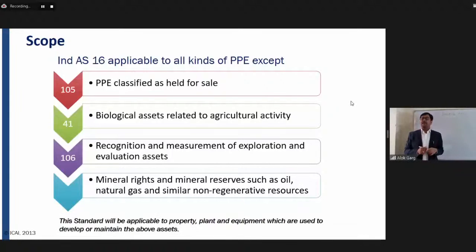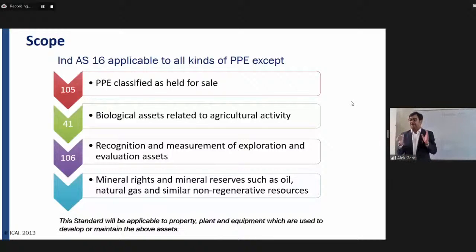But for example, in case of a mining company or mining industry, there are some trucks, lorries and cranes which are engaged in the extraction of mining ores. In that case, property, plant and equipment which are used to develop or maintain the above assets will be covered under Ind AS 16.